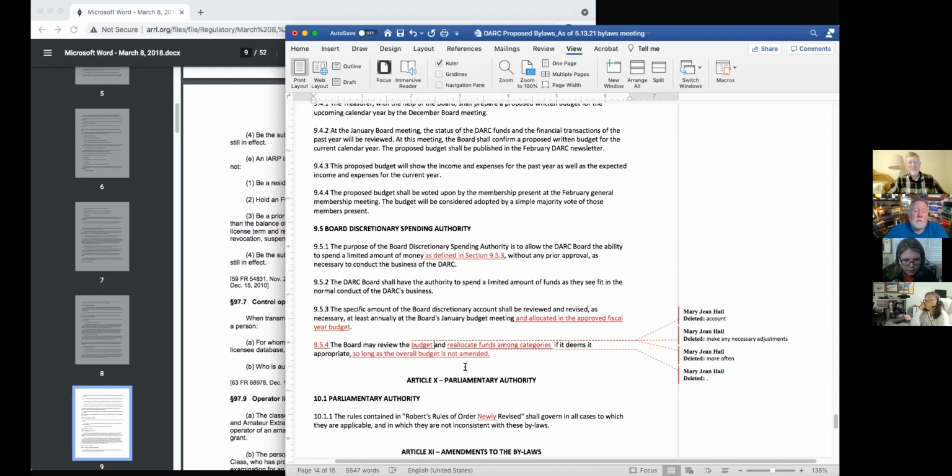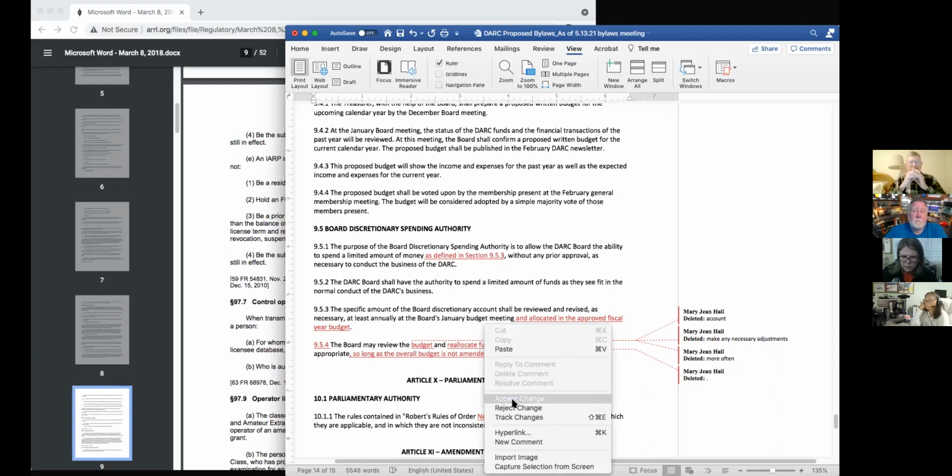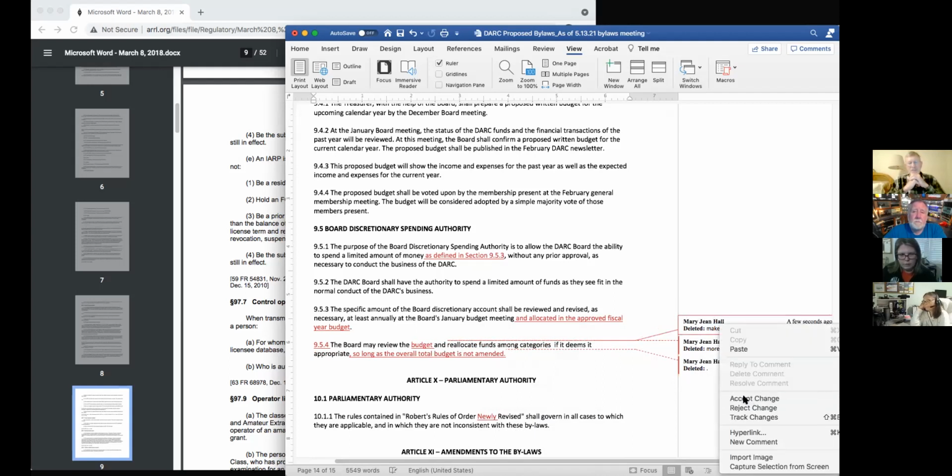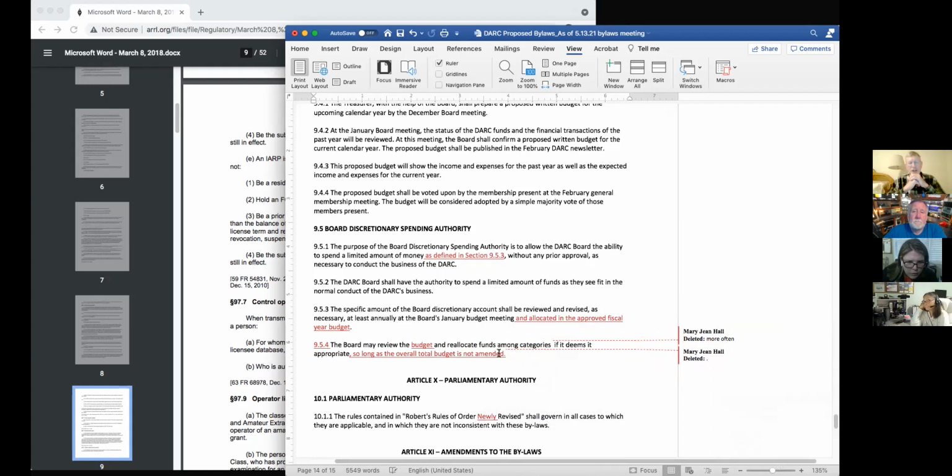The board may review the budget and reallocate funds among categories if it deems it appropriate, so long as the overall budget total is not amended. It's not changed. The total budget is not changed.